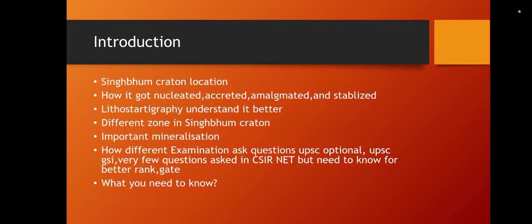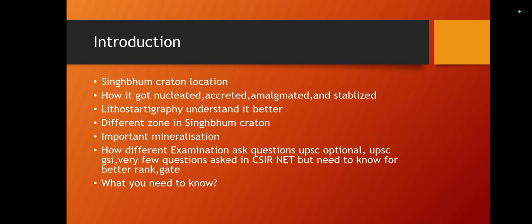So first of all, I will tell you about the Singhbhum craton location, where it is actually located, and how it got nucleated, accreted, amalgamated, and stabilized. This is the very basic thing about any craton.